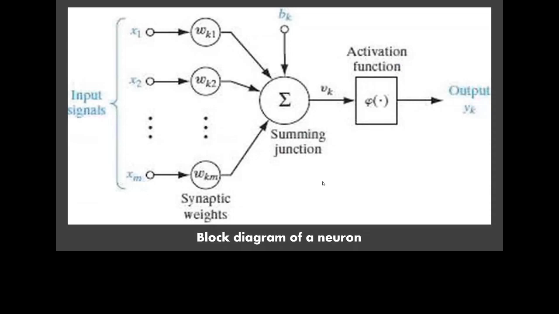The activation function produces the final output of the neuron. So basically what a neuron does is it takes these inputs x1, x2, does all these computations, and then gives the output. So this is the block diagram of what a neuron does.